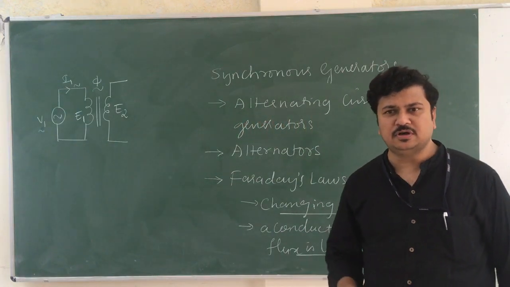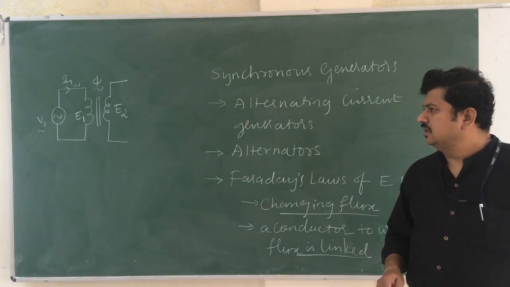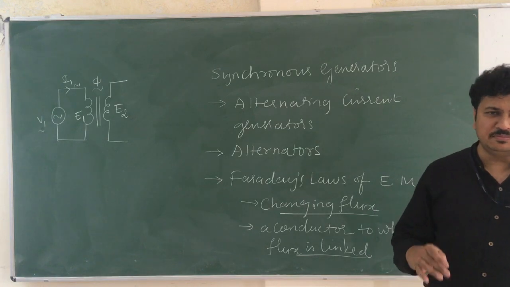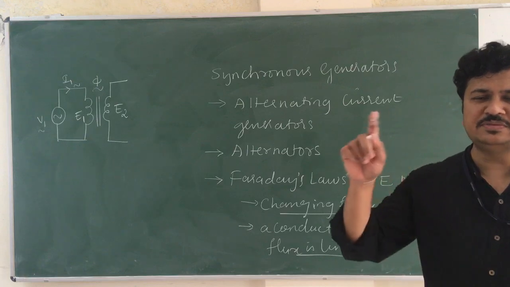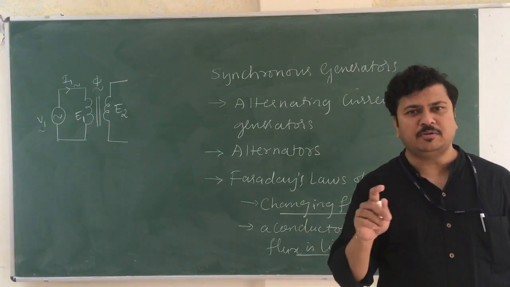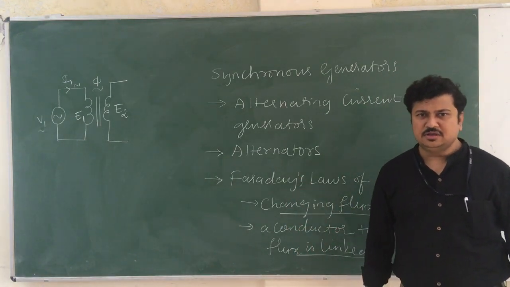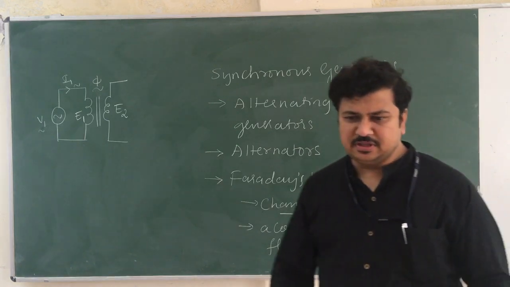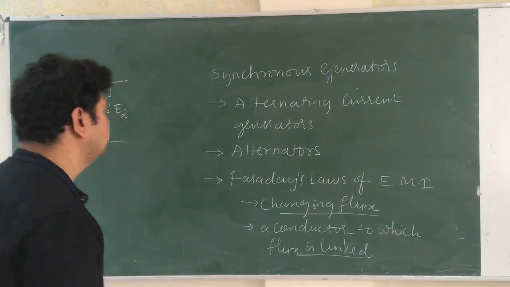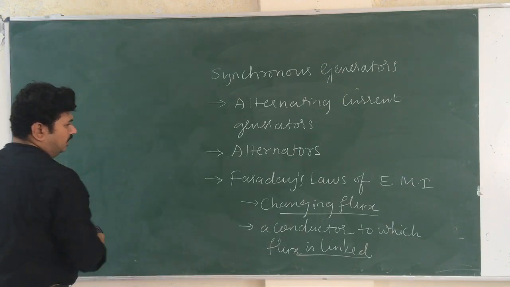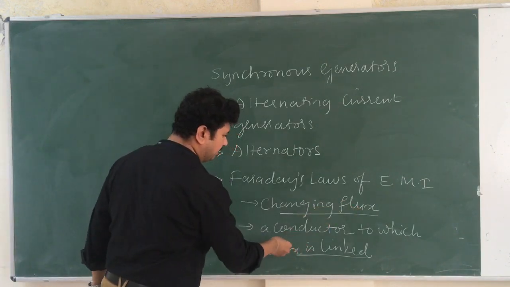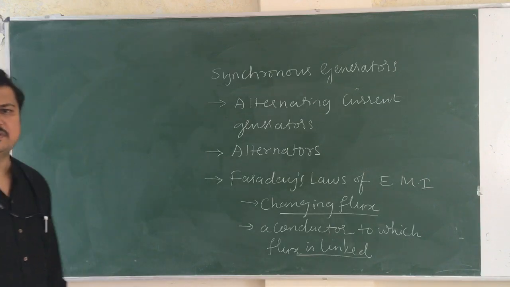The moving part of the machine will always move in a circular path about the fixed axis. So, as per the fundamental principle of Faraday's law, I need a changing flux and a conductor linking that changing flux.